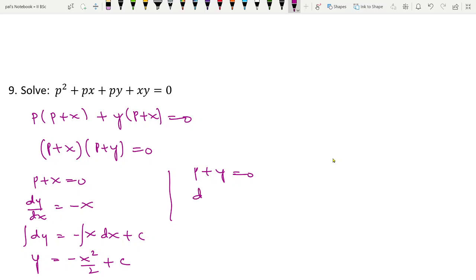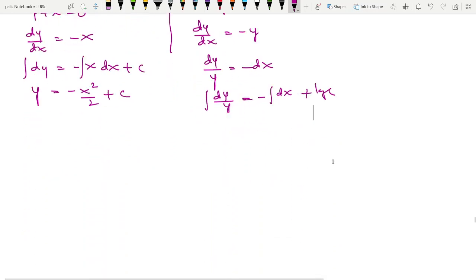Similarly here, dy by dx is equal to minus y. So now you take dy by y is equal to minus dx. Integrating this, integration of dy by y is equal to integration of minus dx plus a constant of integration, you may take it as log c.